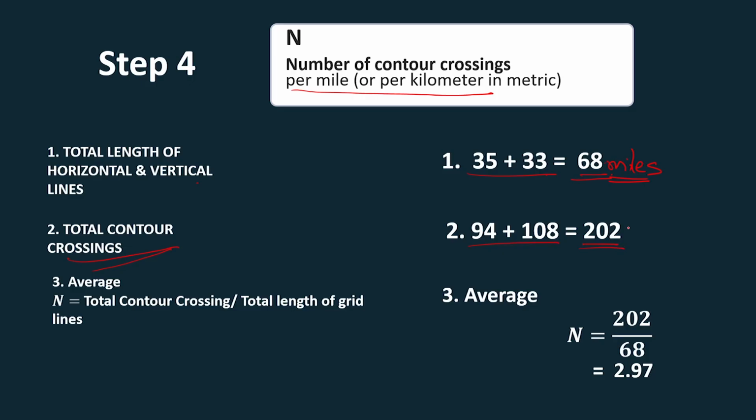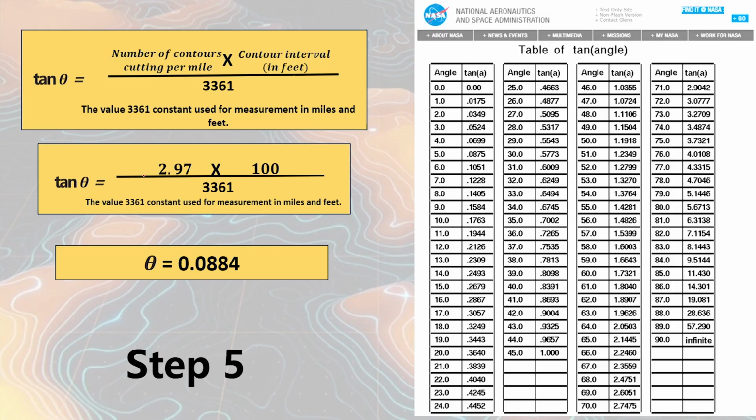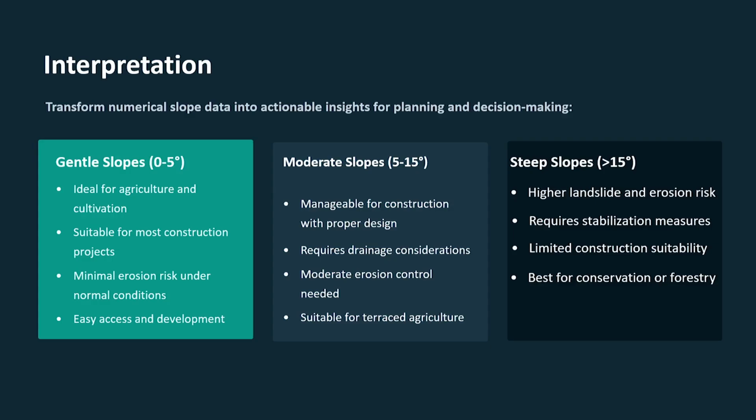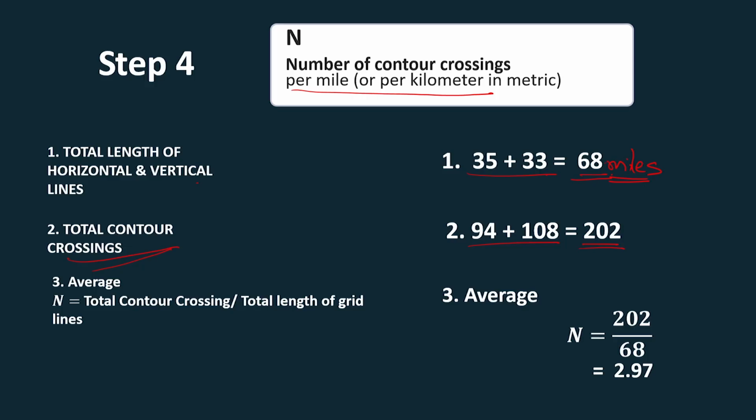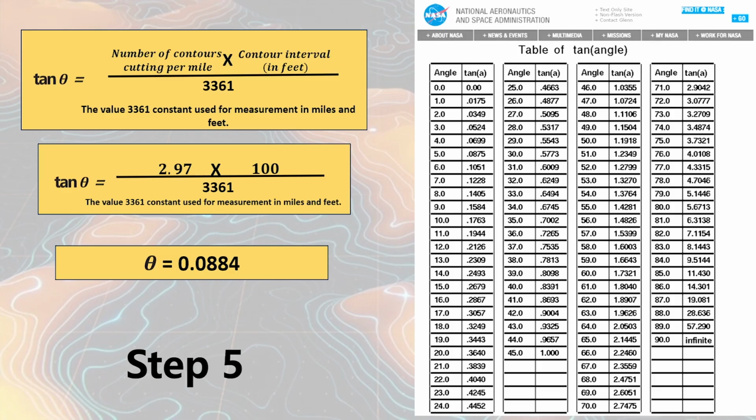So, to find the average, we divide the total contour crossings, that is 202, by the total length of the horizontal and vertical lines. Here we do 202 divided by 68, arriving at a value of 2.97. What do we do next?